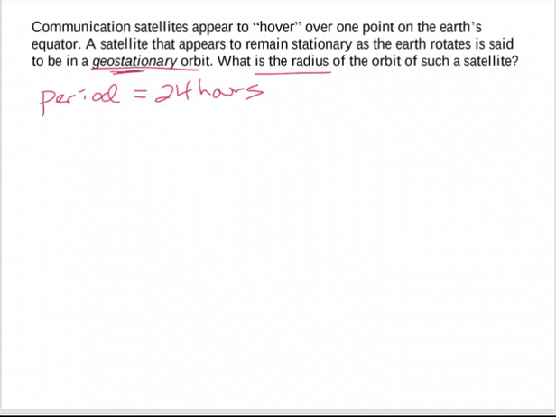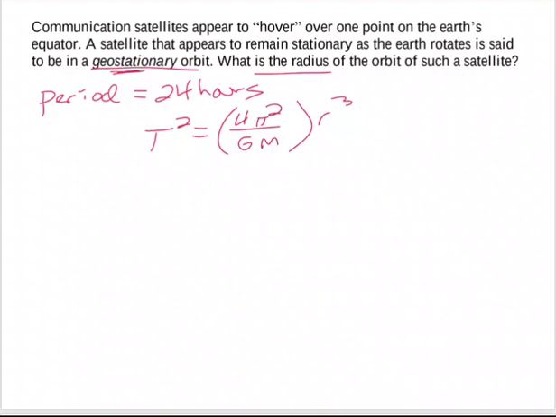All right, fine. So we have the same formula, T squared equals all of these constants, 4 pi squared over GM, the mass of the Earth, times R cubed. Okay, so the question is, what is the radius of the orbit?